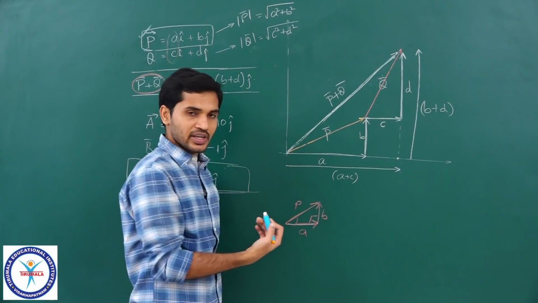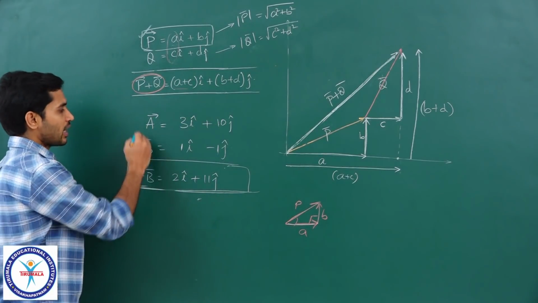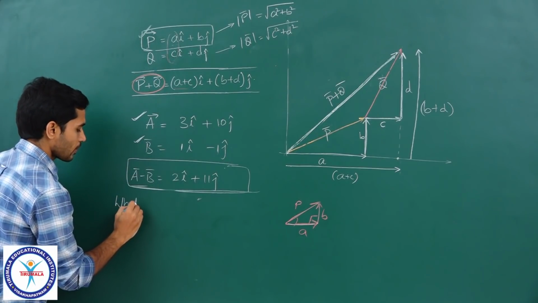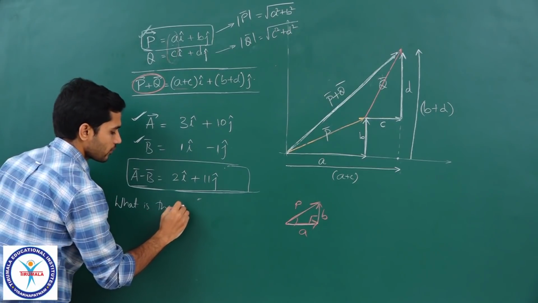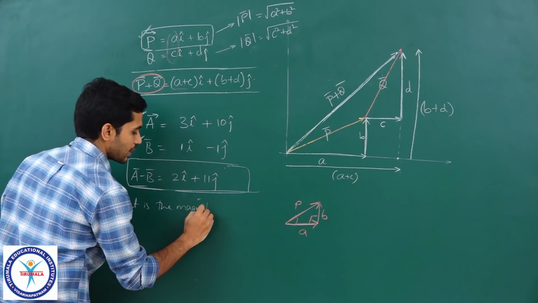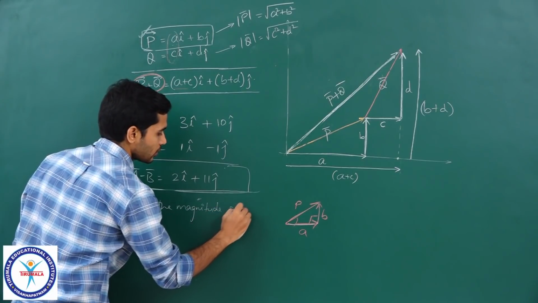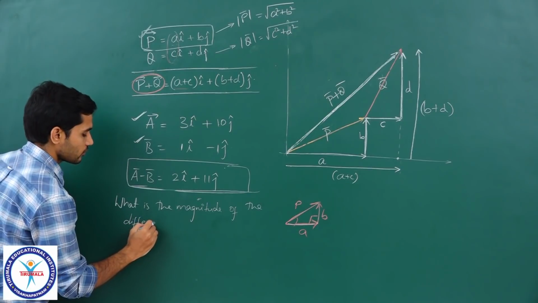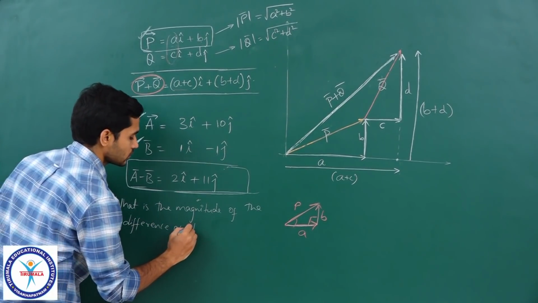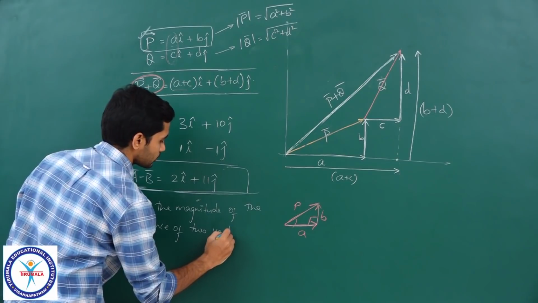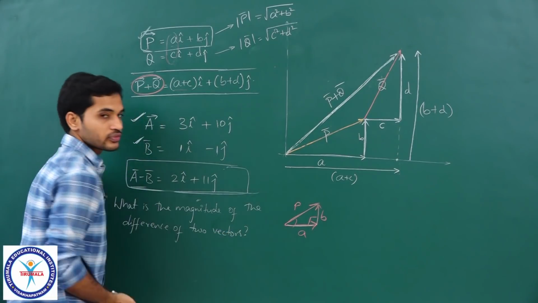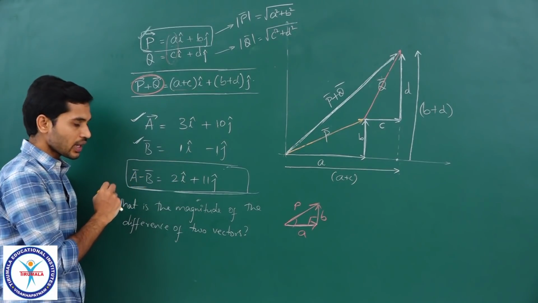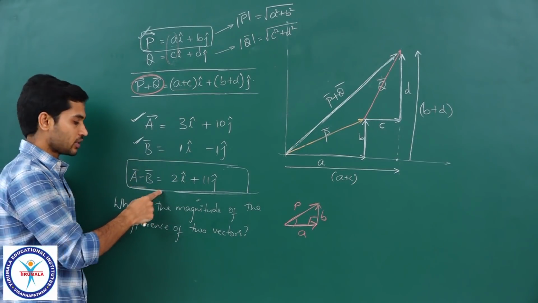So, whenever any vector is given to you, for example, if I gave you these two vectors and I ask you what is the magnitude of the difference of two vectors, what will you do? First you find the difference of two vectors by normal subtraction, clear, and then you find the magnitude of that vector.